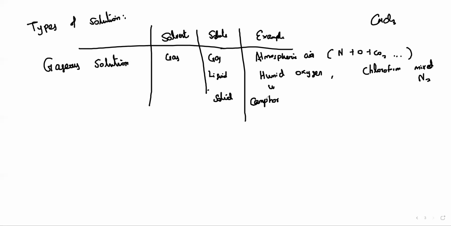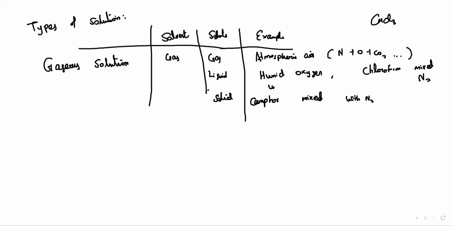If you heat camphor, it directly converts into vapor. So when this camphor is mixed with nitrogen, that is an example of solid mixed in gas.